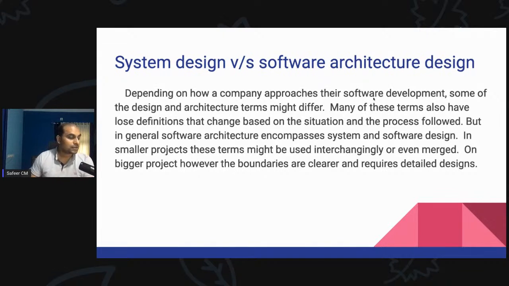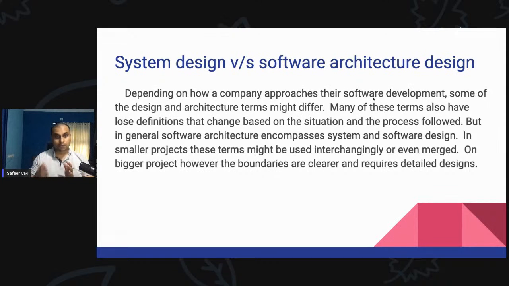That's all. Depending on how a company approaches their software development, some of the design and architecture terms would differ. Some of these definitions could be very loose. Some people would use software architecture as a replacement term for system design. That could happen. Assume that you are in a small company where software and system are designed and developed together.